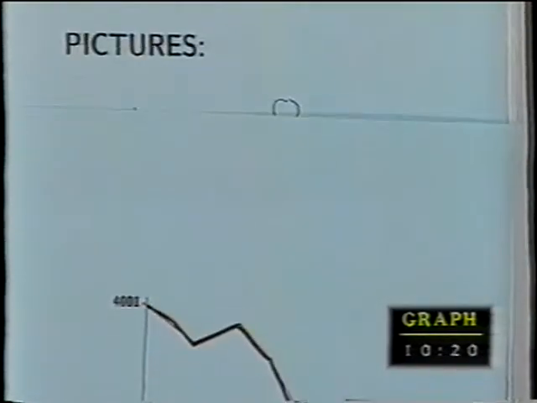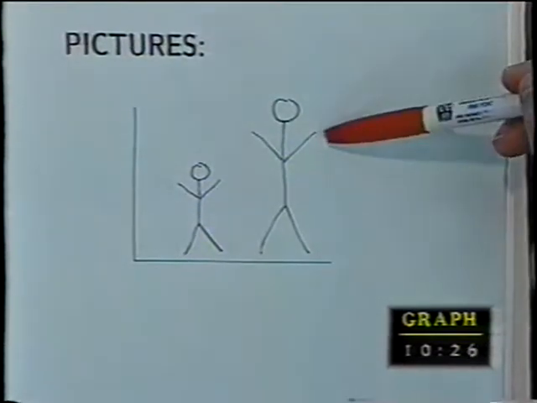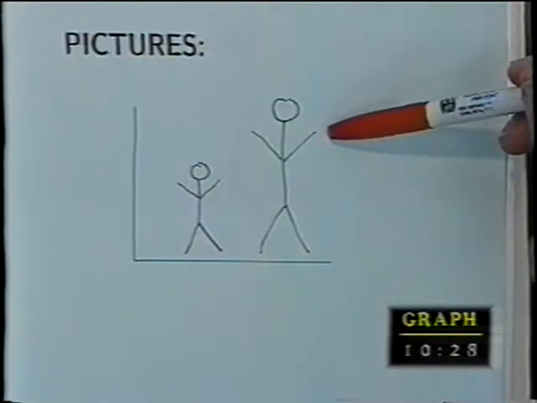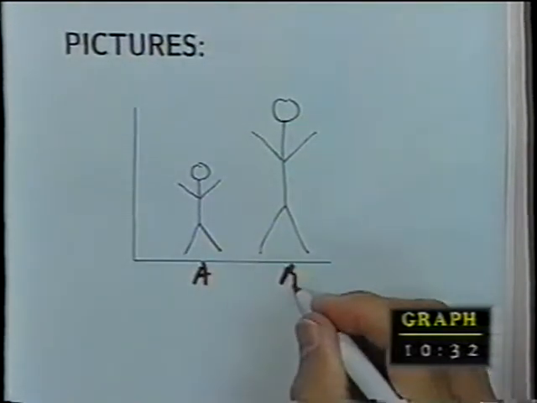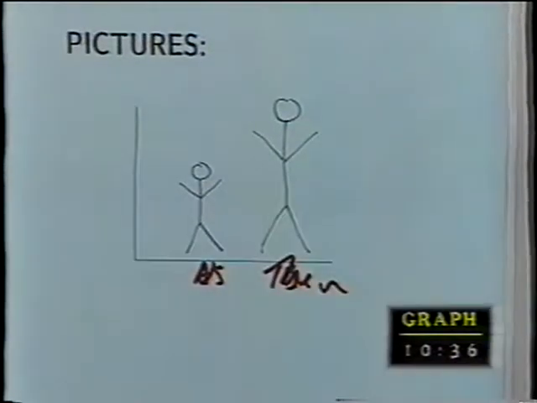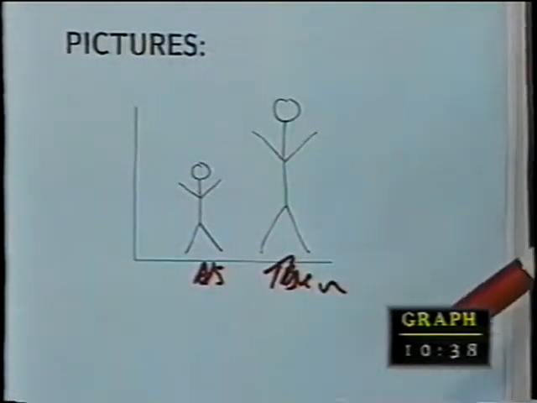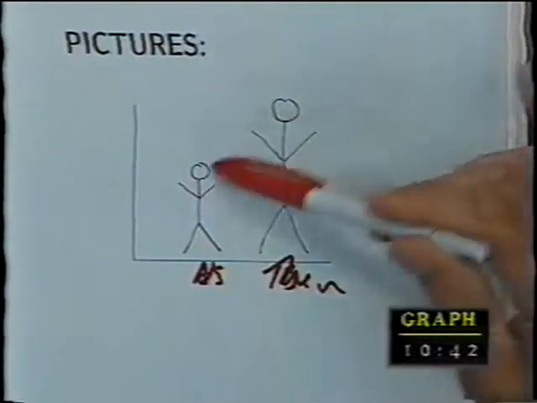Okay? Now, next thing I want to talk about are pictures. Graphs sometimes are represented by pictures instead of regular graphs. Now, in this case, you probably would have A and B or us and them kind of thing, and you want to show the strength of the two armies, say, and you draw a little man, and this one is twice as tall as this one.